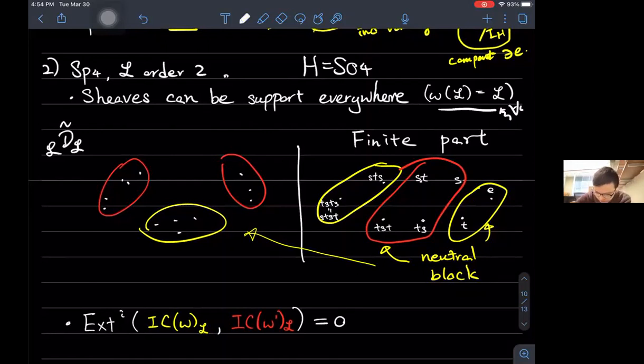So for all, WL is L. So for this affine monodromic Hecke category, the sheaves could be supported everywhere, but I could actually separate them. Maybe I say it this way. Here, this diagram is like, for each dot, it represents an element in the affine Weyl group. So in particular, there is a finite part and a non-finite part.